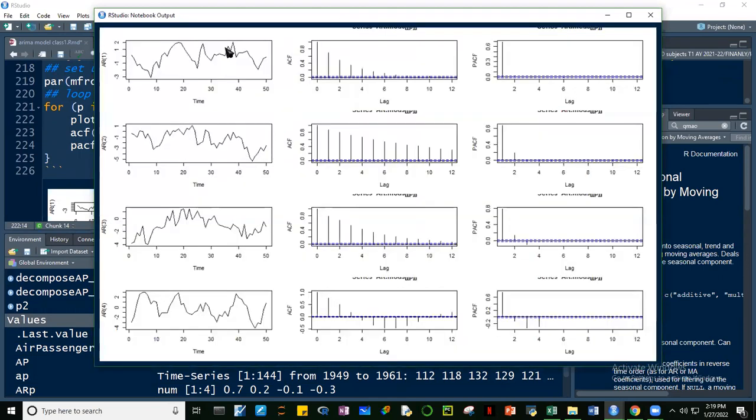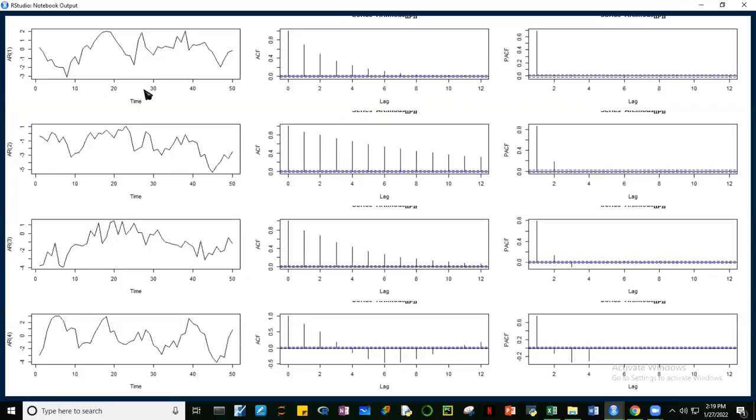Okay, so apat yung model natin, AR1, AR2, AR3, AR4. Iba-iba yung coefficients nila. Okay, take a look at this guys. Ito yung ACF, ito yung PACF. Notice guys, pag AR, yung ACF niya constant decay, no? Bumababa over time.